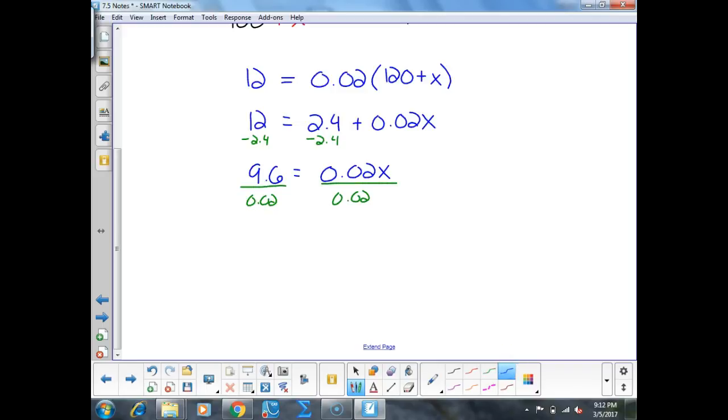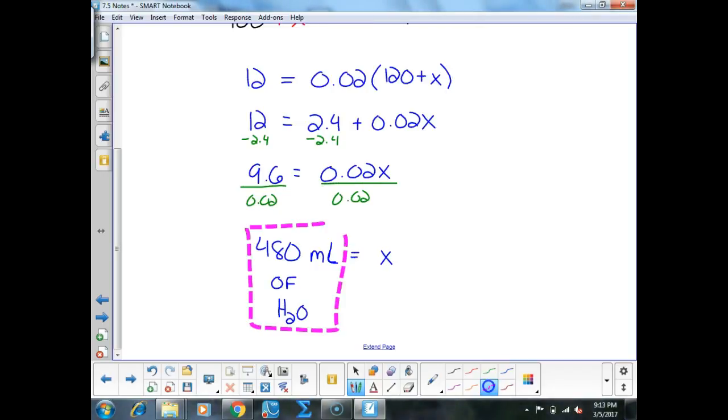Gives me, I need to add 480 milliliters of water to my solution in order to have only 2% of salt in that mixture. Okay?